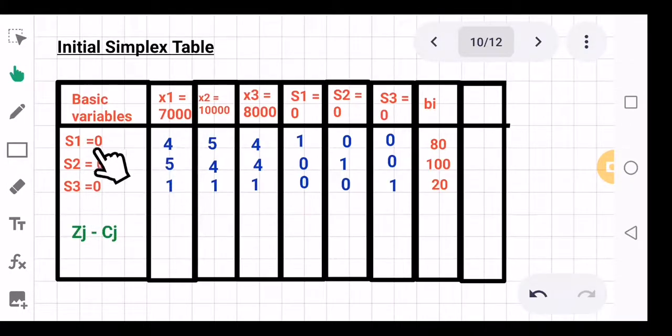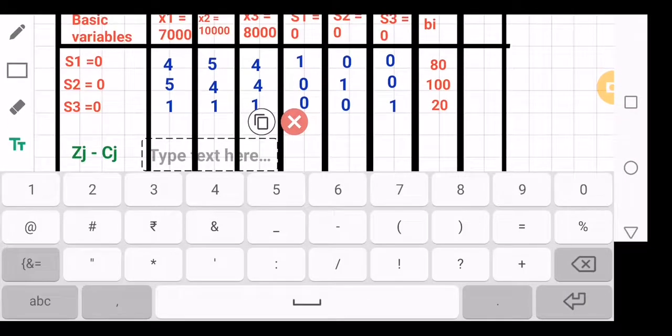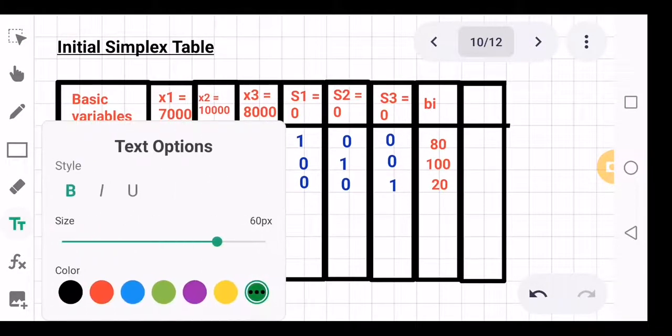So 4 into 0 plus 5 into 0 plus 1 into 0 minus your Cj. Cj is 7000. So your answer here would be minus 7000.